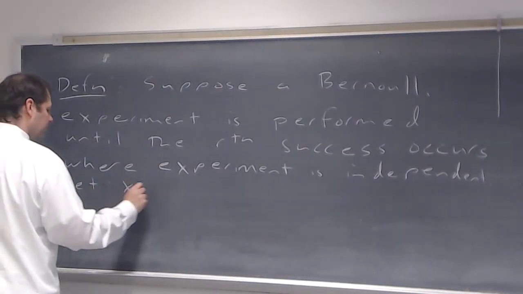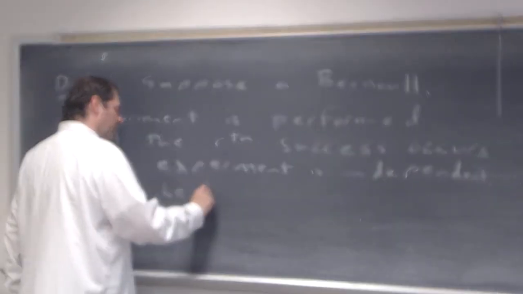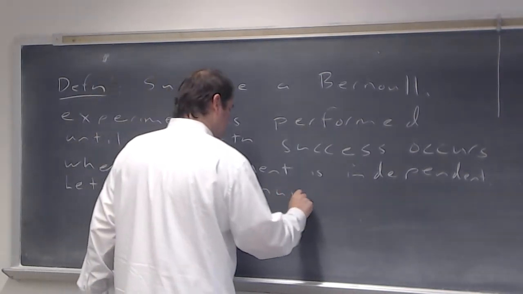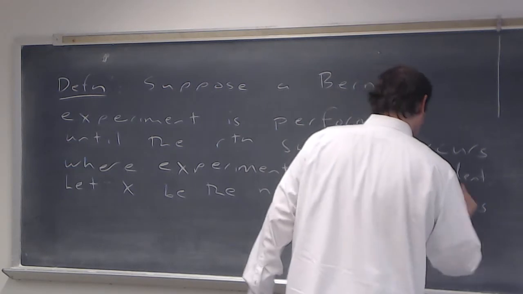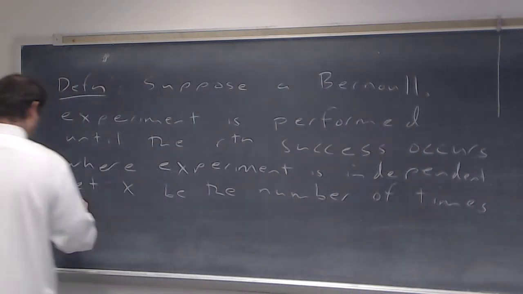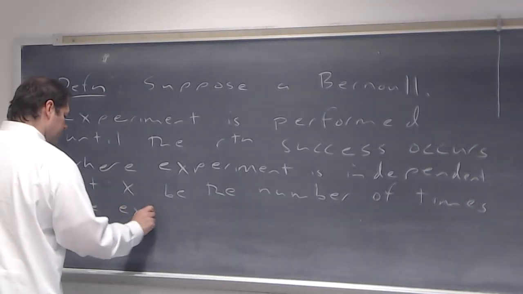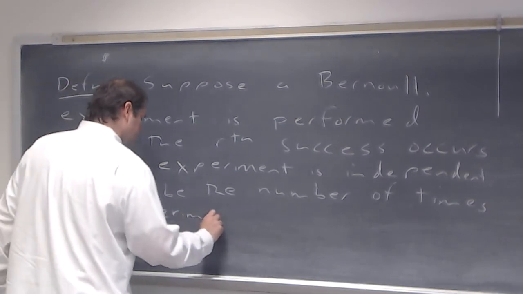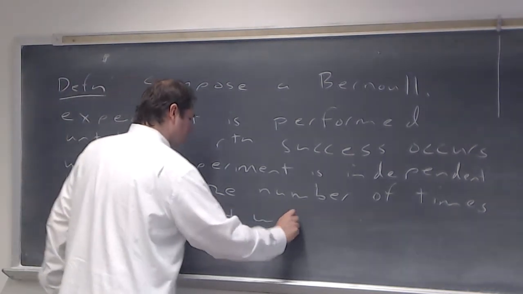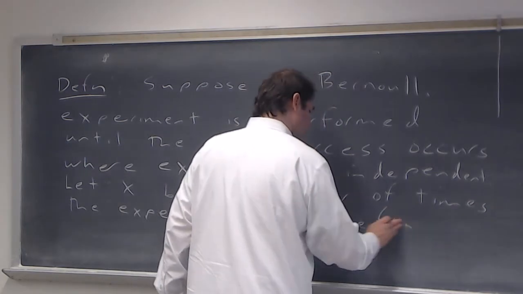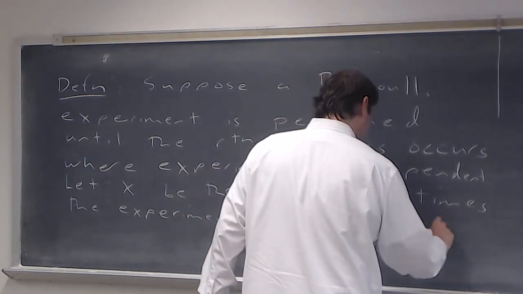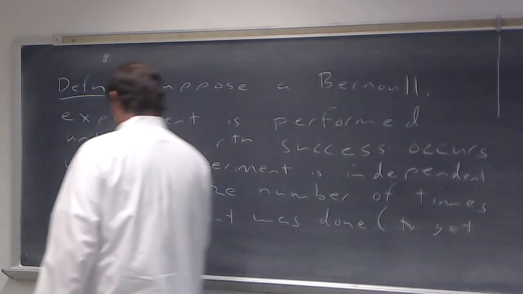Let X be the number of times the experiment was done to get the r-th success.